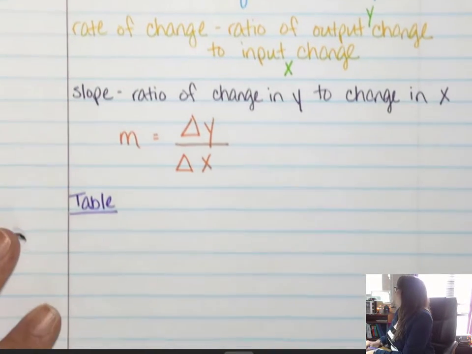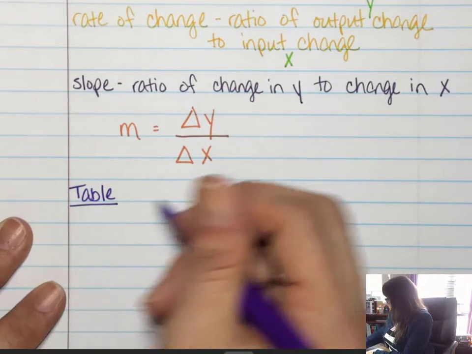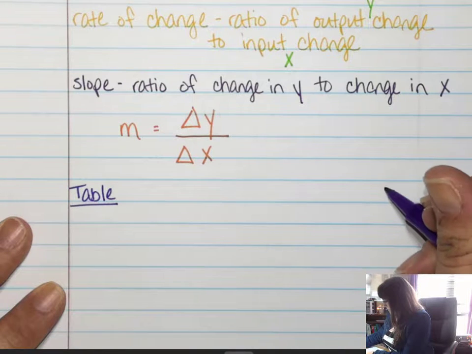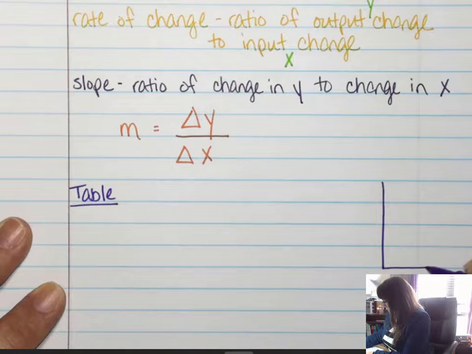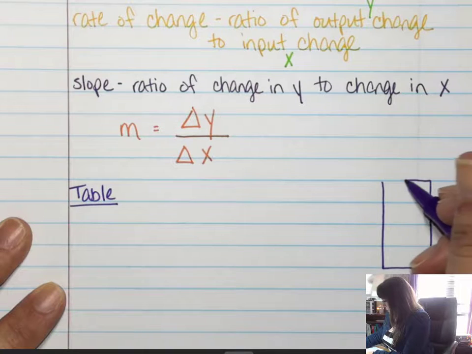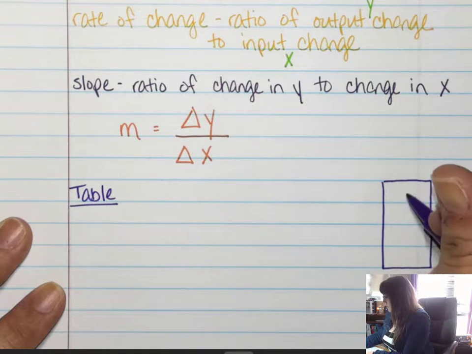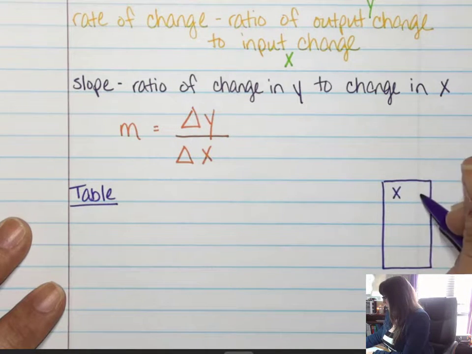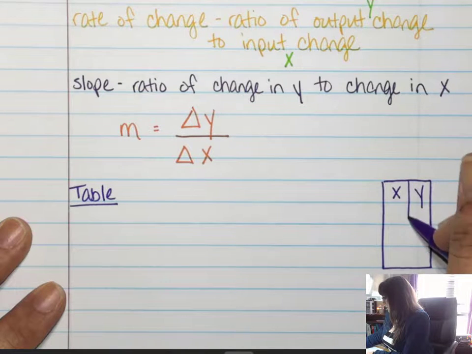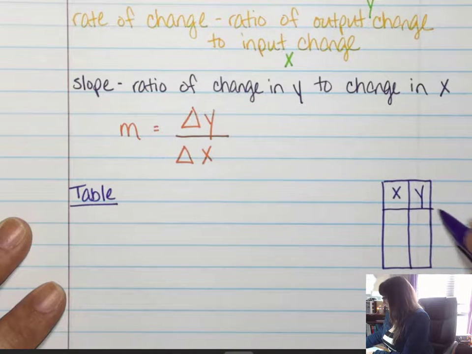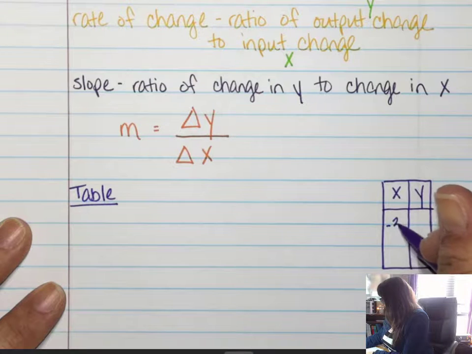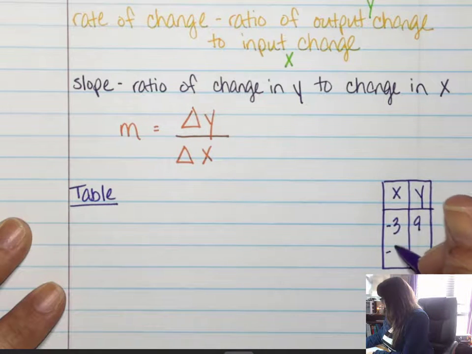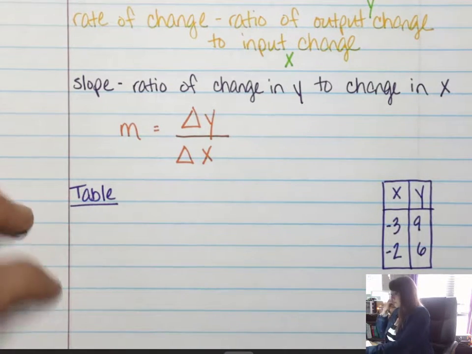So if I have a table, here is going to be my little table. I'm going to use the one from your builder. So you have x and y. And we had -3, 9, and -2, 6.